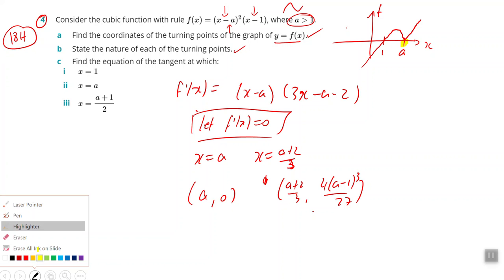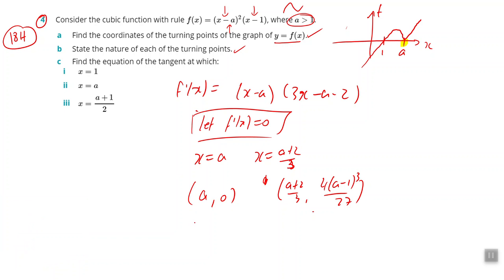So we know from the original graph that (a, 0) is a local min, and this other one must be the local maximum, purely because I've drawn the graph of it. So if you draw a graph and refer back to it, that should be sufficient for the SAC.